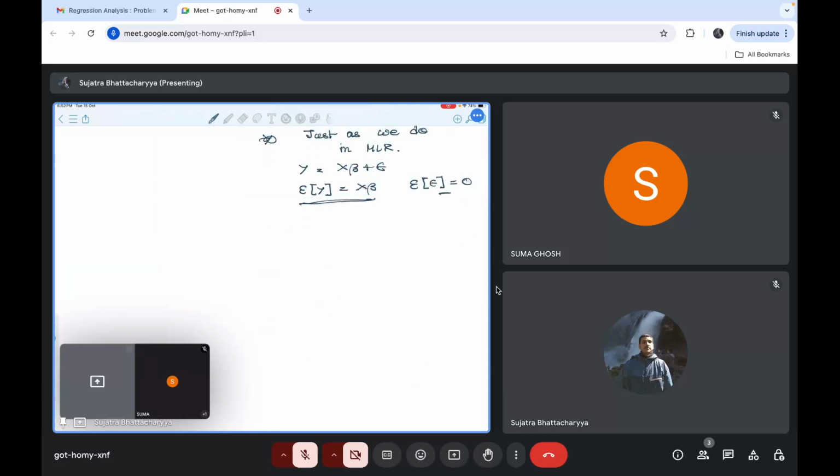Okay. Now, for this generalized linear model, in this GLM, the response variable distribution must be a member of the exponential family.